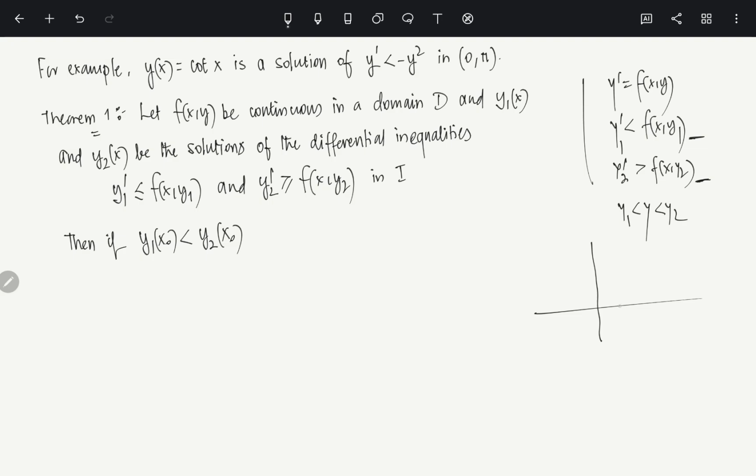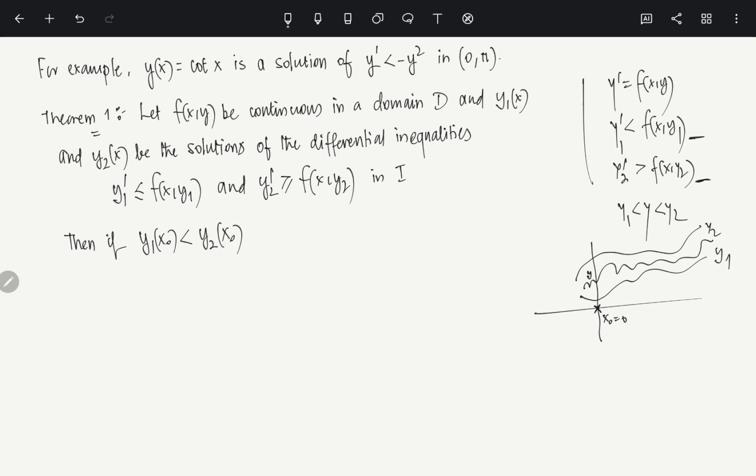Okay, so basically I am saying that, let's say y1 starts from here, and x naught is 0, let's say. Okay, so wherever it is starting, y1 is below y2. So y2 maybe like this, let's just say this is y2, okay. And if y1 and y2 satisfy those two conditions, then you know that y will maybe be a solution like this, y will be in between y1 and y2.